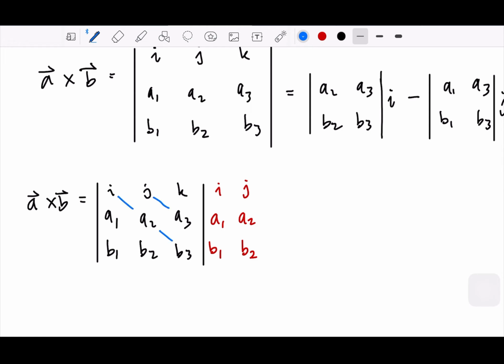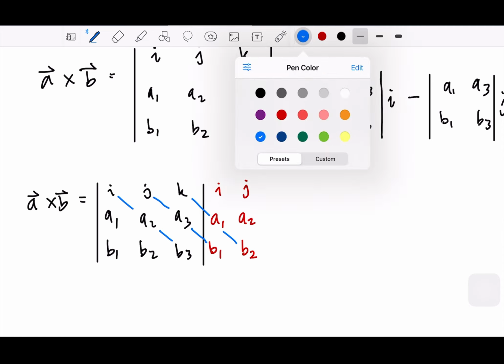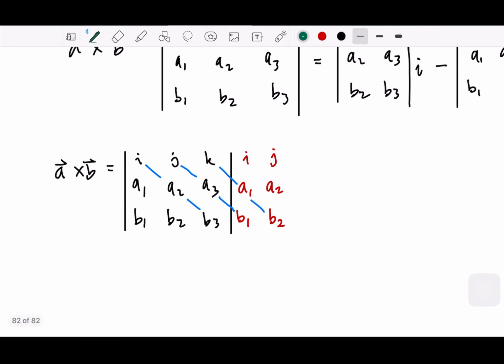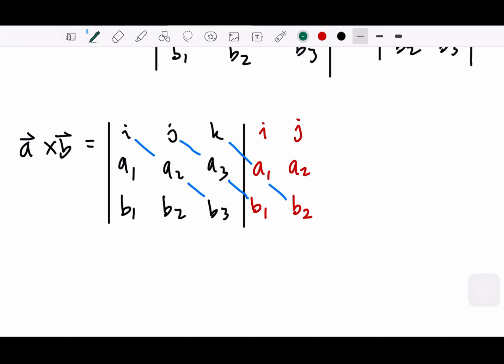And j multiply with A3 B1 and k with A1 and B2. Okay, another one. Let's multiply from this B1 here to A2 k. Okay. Now the results.